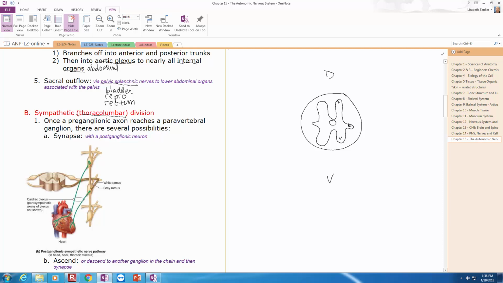And the thoracolumbar division is where the lateral horns are located. So you don't have that extra bump out to the side in the cervical cord or segments, okay? You don't see that extra side bump out until you're in the thoracic and lumbar area, okay? So dorsal horn is where our sensory neurons synapsed with our interneurons, right? We know that. The ventral horn is where our motor neurons lived, right?